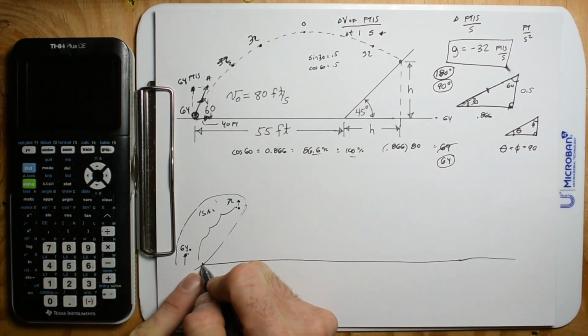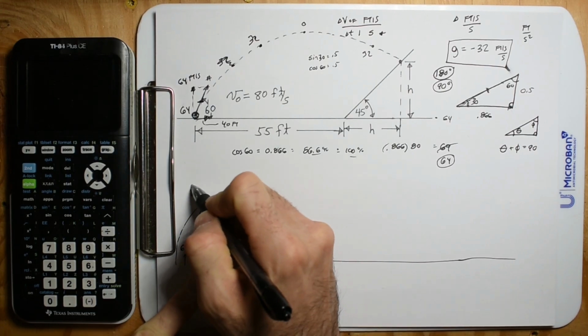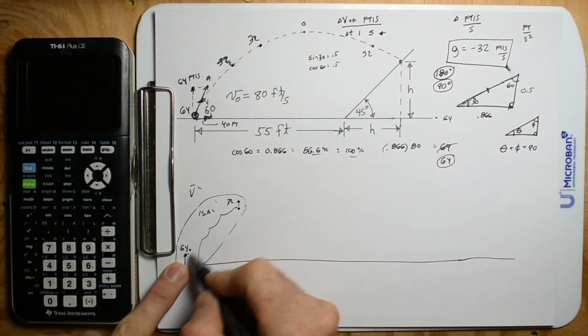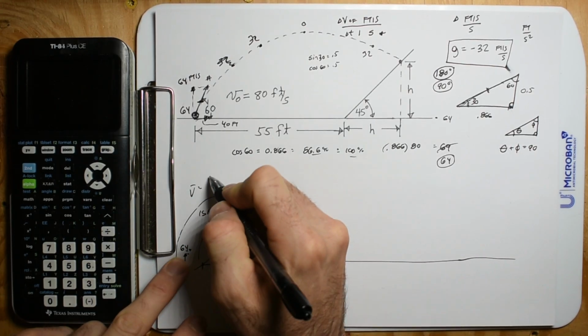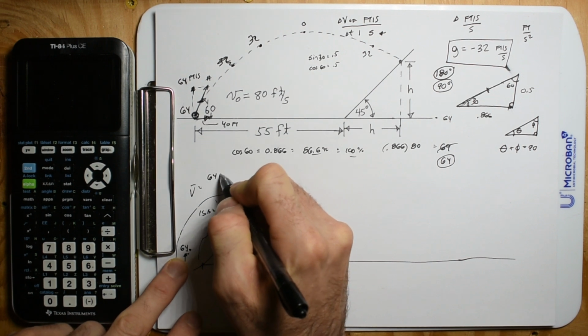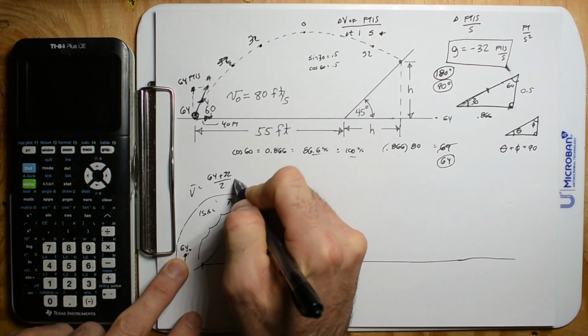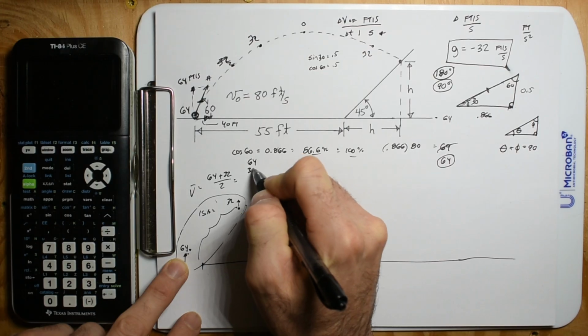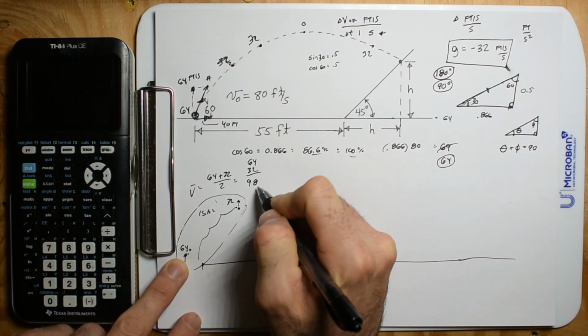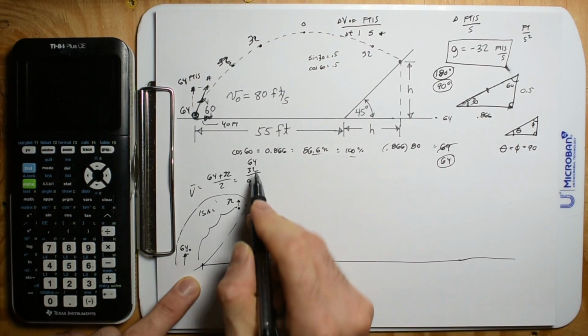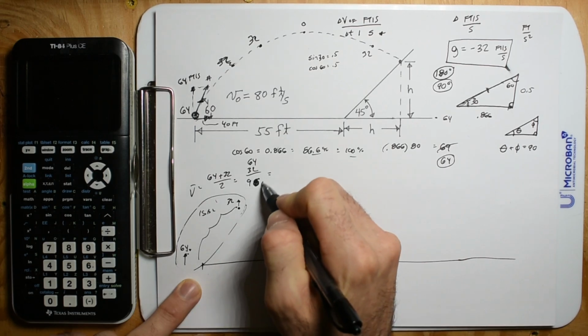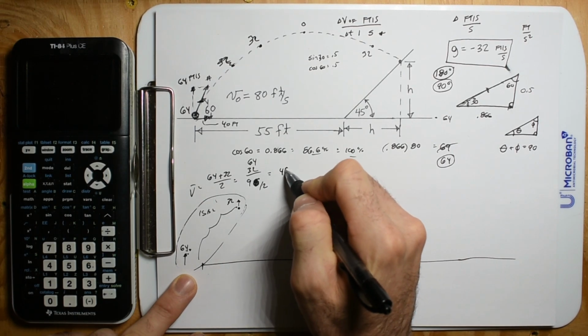So I can say my average velocity is going to be halfway between these. The equation for that is add them up, 64 plus 32, divide by 2. 64 plus 32 is 96. And then half of 96 is going to be 48.